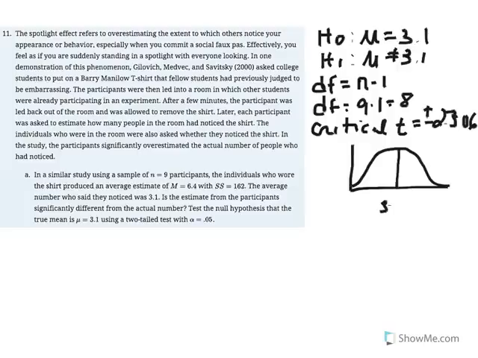So we expect that those who are wearing the shirt are going to estimate 3.1 individuals noticing them. That's what the null states, and our parameters for the test, our t values are negative 2.306, positive 2.306, and again, we hope that our t values fall in the critical region.